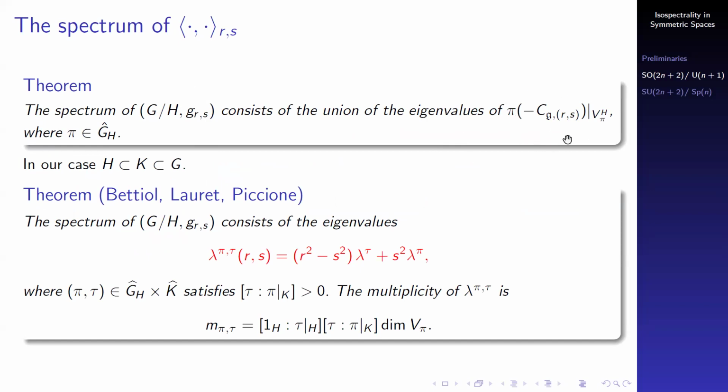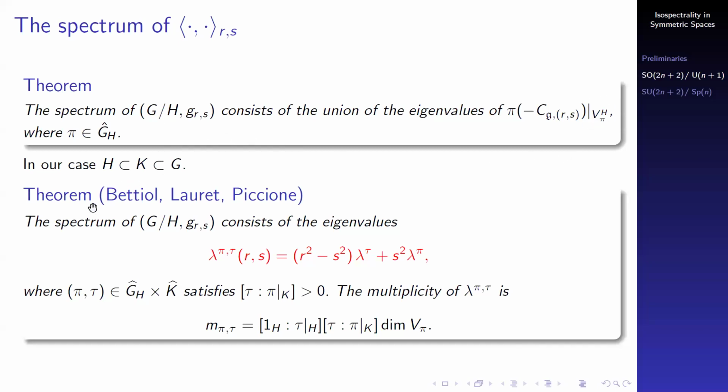Here we are taking the Casimir element of G, but with the bilinear form that we defined in P. And so it consists of the union of the eigenvalues of minus this operator restricted to the space of H-fixed vectors, where pi is taken in the spherical representations of the pair (G,H), so this space is not zero.